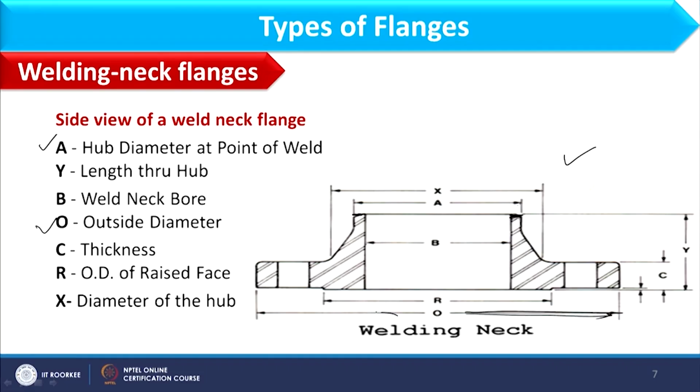You see, this is O, the outermost diameter of the flange. C is the thickness of the flange. R is the raised face. If you consider this is R, this is the raised face, and it will be more clear when we speak on raised face in detail. And X is basically the diameter of the hub. So in this way all these parameters are defined so that you can use them in designing.